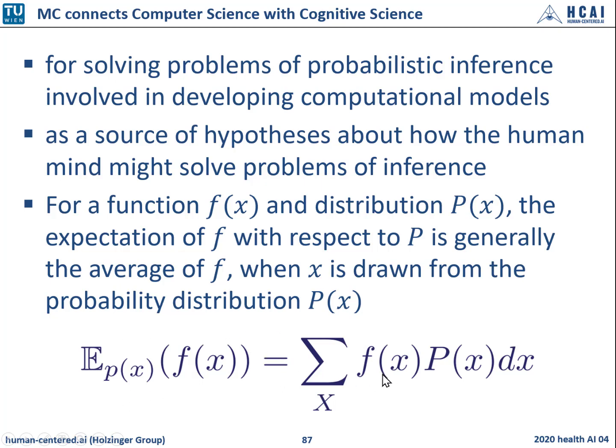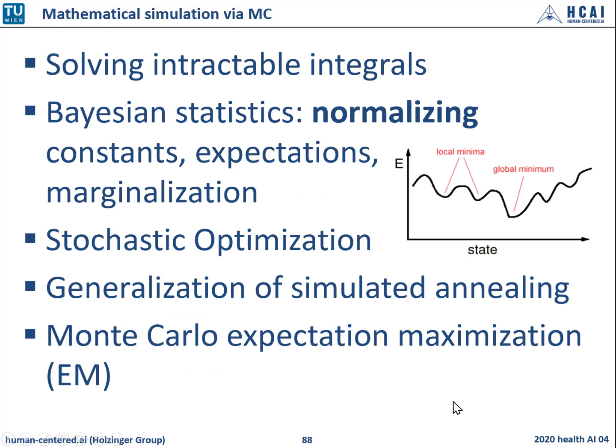This is the sum over all the function values and the probability distribution. Remember, normalizing is a very hard task, and it is very important, also for finding global maxima and global minima, for example. Particularly global minima, as you can see here, is a very hard task.